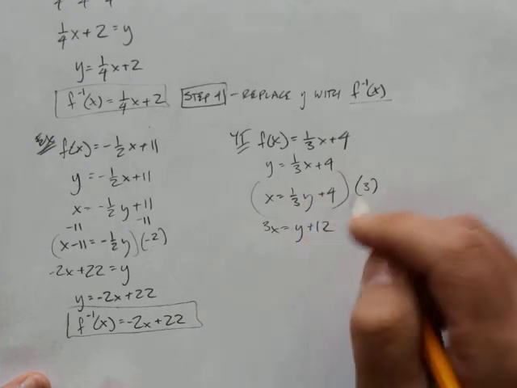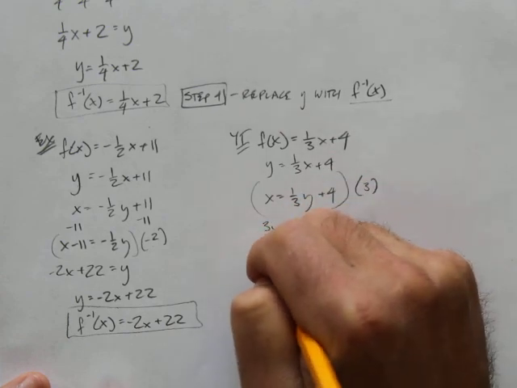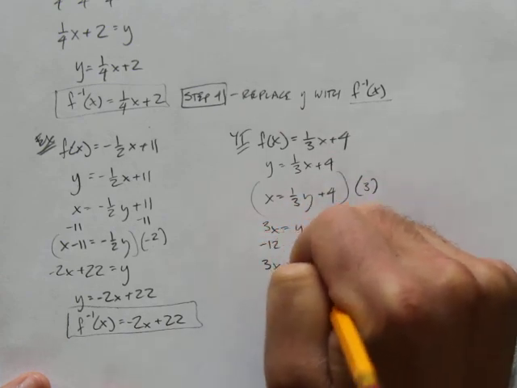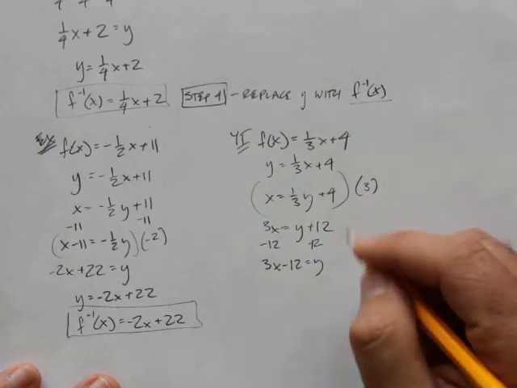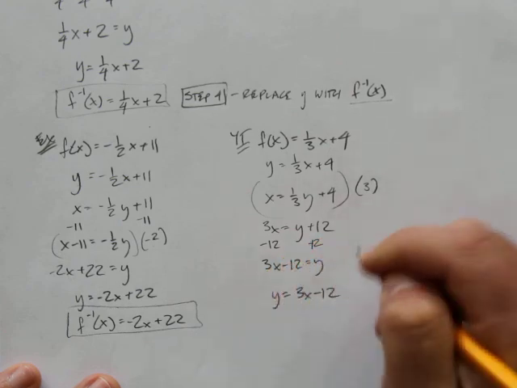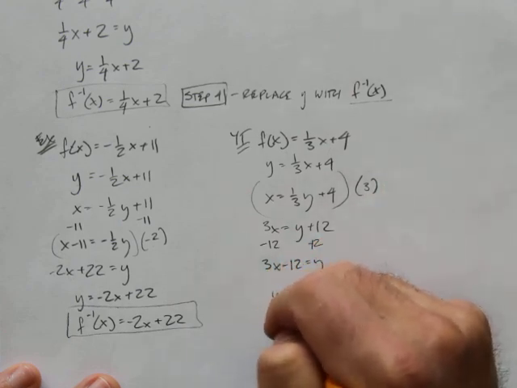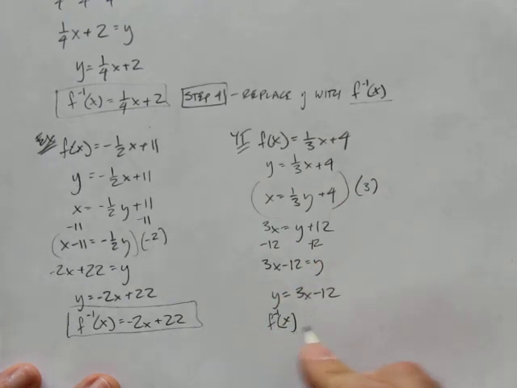I'm going to subtract 12 from each side. I get 3x minus 12 equals y. And I'm going to switch sides here. So y equals 3x minus 12. And then rewrite this as inverse of f of x equals 3x minus 12.